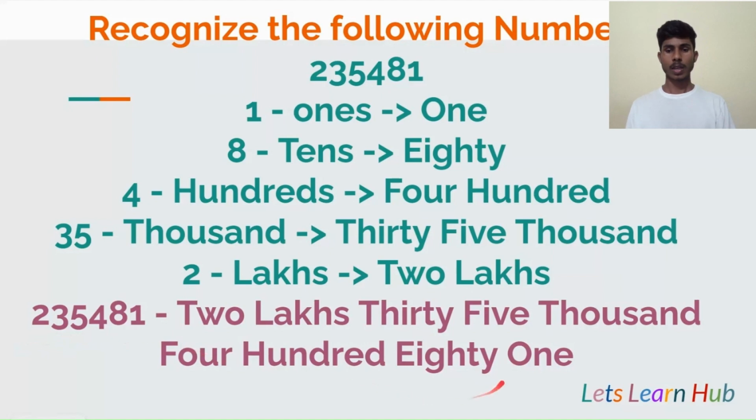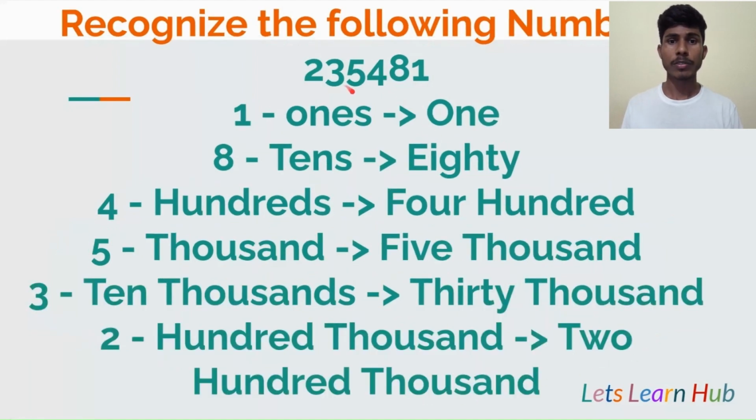Okay, and for the same number 235481, we can also name it in another way. How can we name it? See, this 1 is in ones place, so this value is 1, and 8 is in tens place, this is 8 tens is 80. So this 4 is in hundreds place, this 5 is in thousands place, this 3 is in 10,000s place, and this 2 is in 100,000 place.